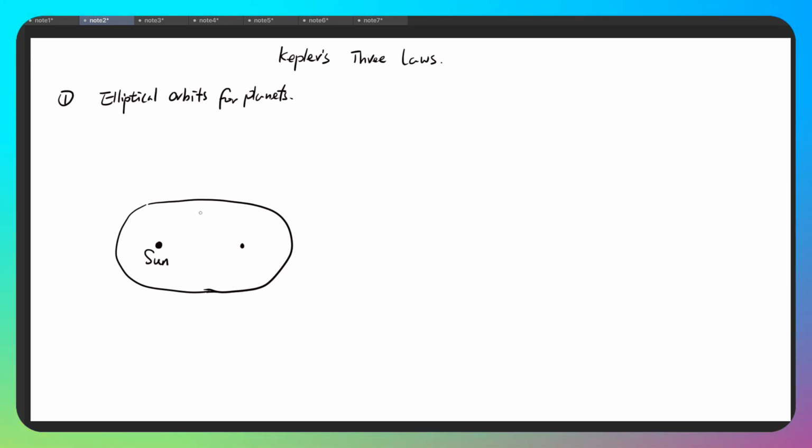Now a planet, for example, right now is here. It's moving along this elliptical orbit around the sun. That's the first law from observation by Kepler.